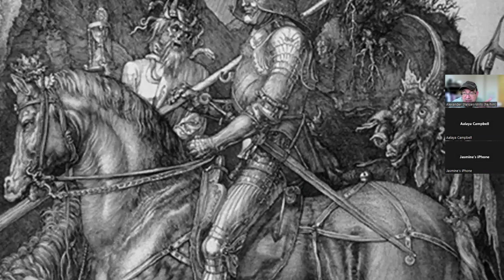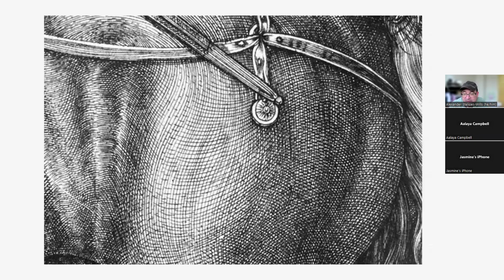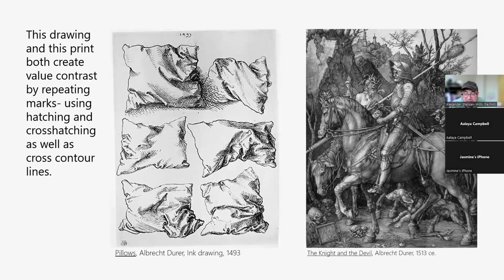But I found a better version and zoomed in on that one, and look what we see. See how all of that tone is just made out of line, out of line, out of line? Let's zoom in a little bit more. Isn't that amazing? Okay, let's go back to the original.